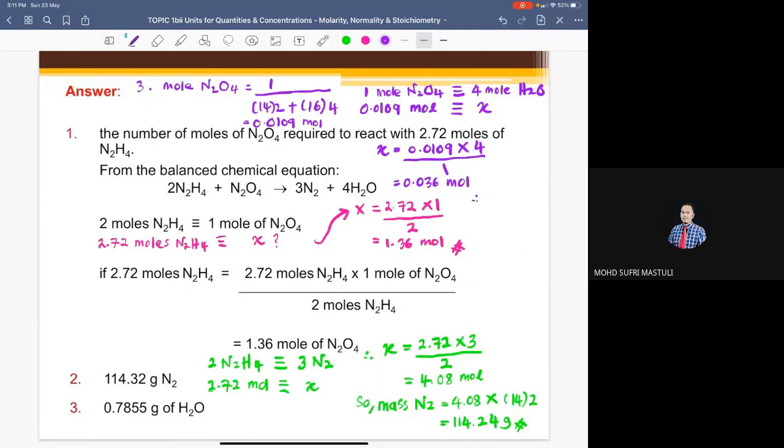The mass of H2O produced is the mole times the molar mass of water, which is 18 gram per mole.